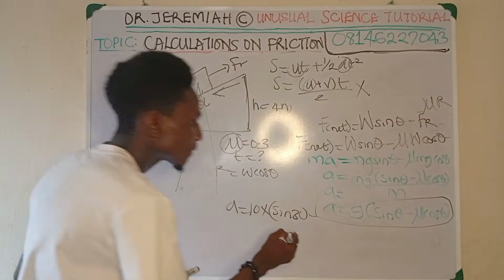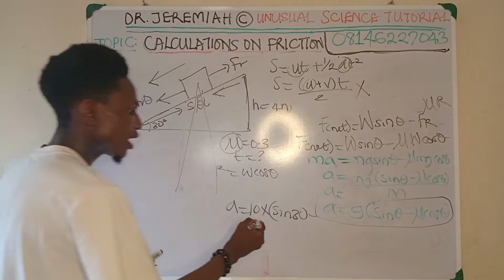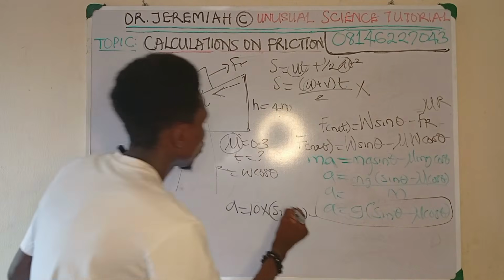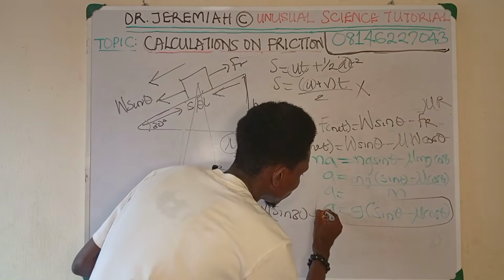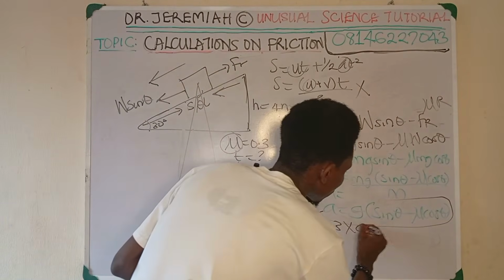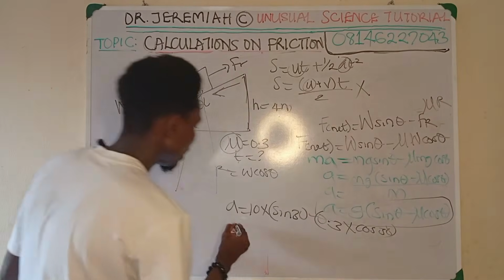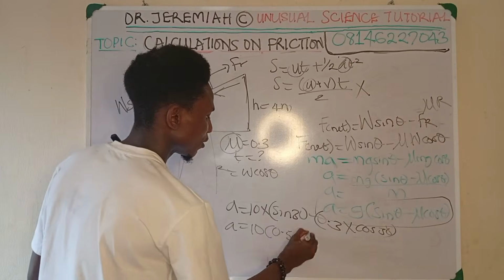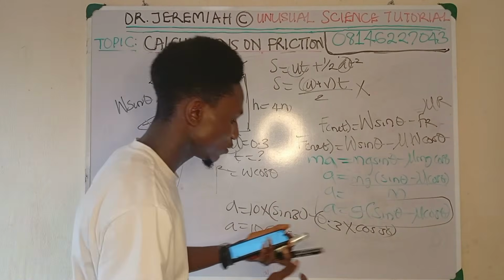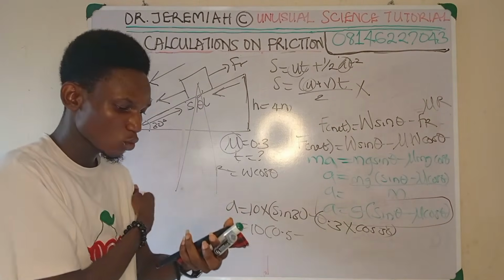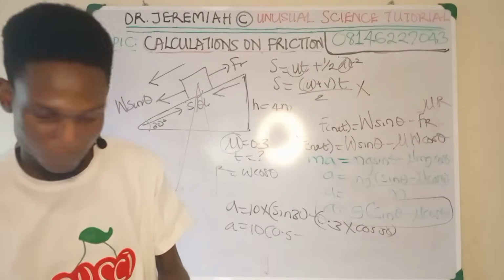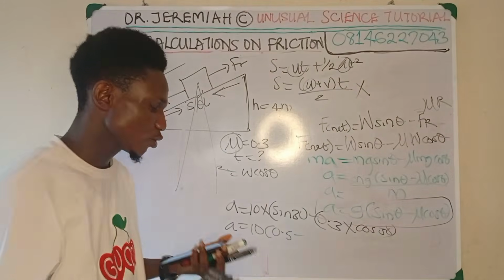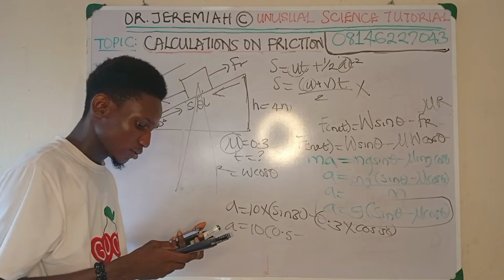So what is mu now? We have mu equals 0.3 times cos 30. So a equals 10, sin theta is 0.5, cos theta is root 3 over 2. If you do root 3 over 2 times root 3 over 2 times 0.3, what do you get?